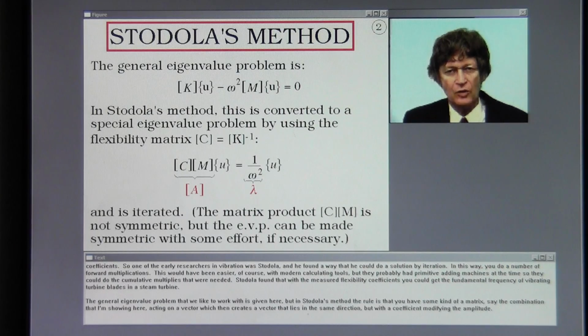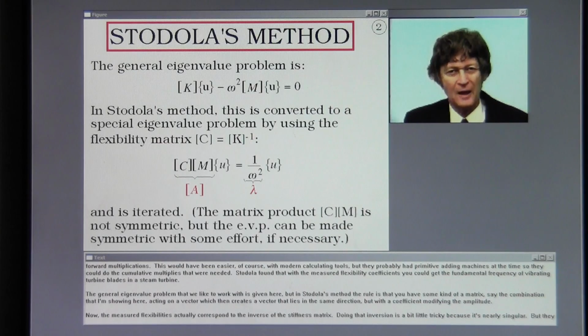In this way, you do a number of forward multiplications. This would have been easier, of course, with modern calculating tools, but they probably had primitive adding machines at the time, so they could do the cumulative multiplies that were needed. Stodola found that with the measured flexibility coefficients, you could get the fundamental frequency of vibrating turbine blades in a steam turbine.